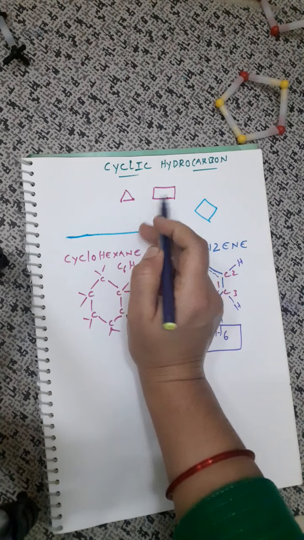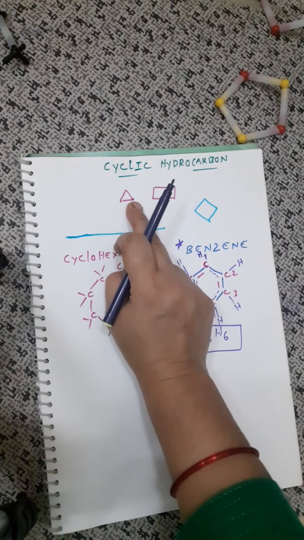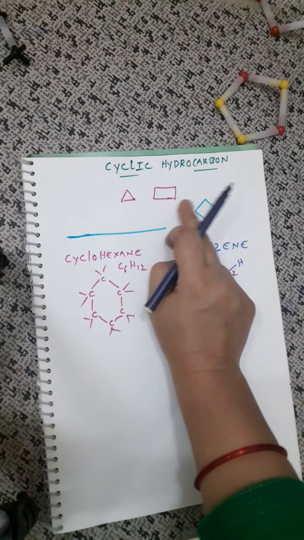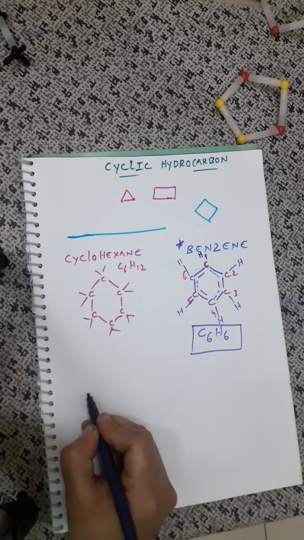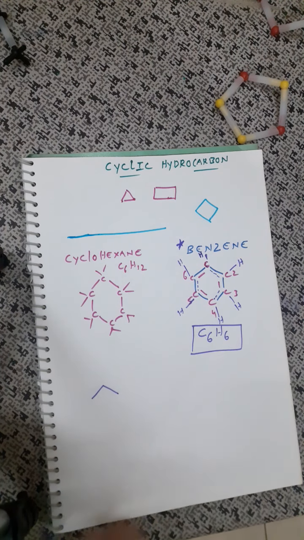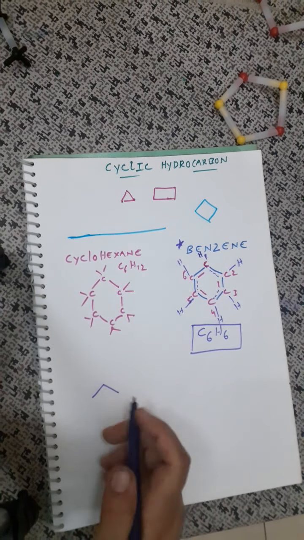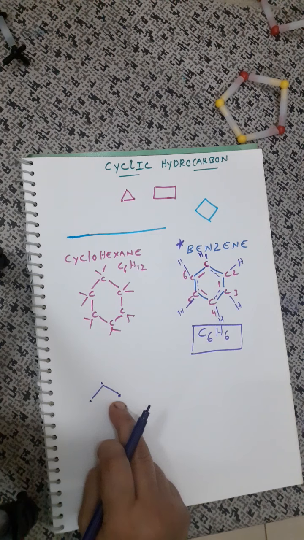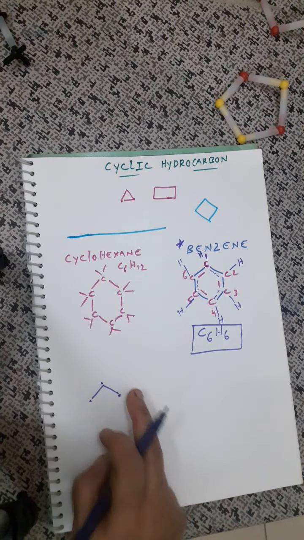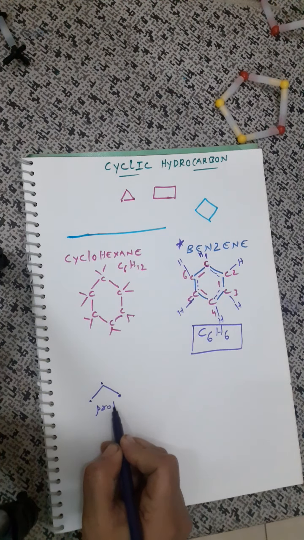When we are representing symbolically with lines also, we can represent the hydrocarbon compound. So it all depends, suppose I am representing like this. So what is this? Each of these points is nothing but a carbon. Now how many carbons? There are 3 carbons. So that's why it's a propane.